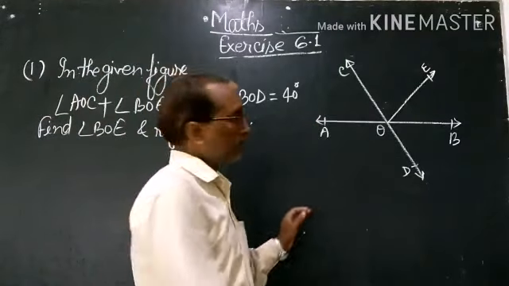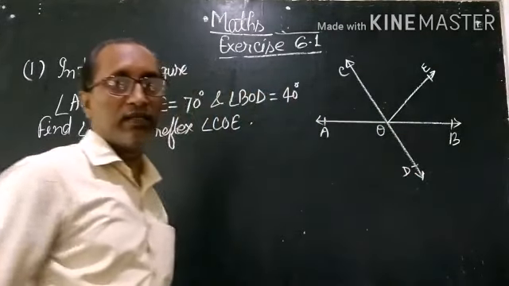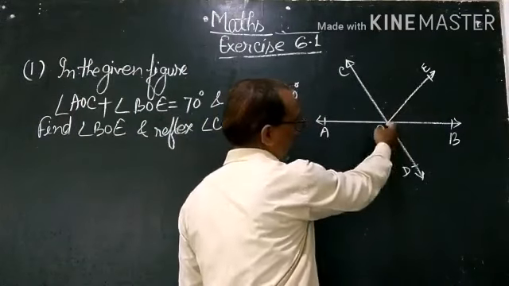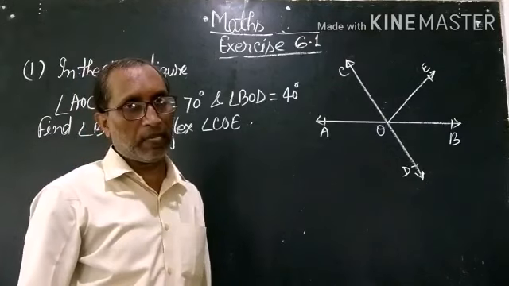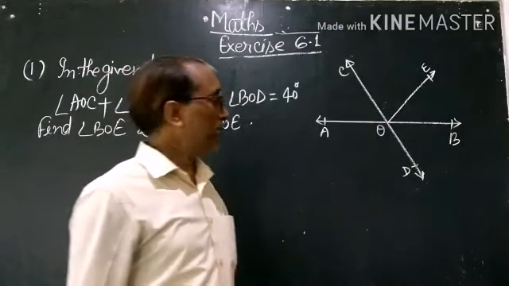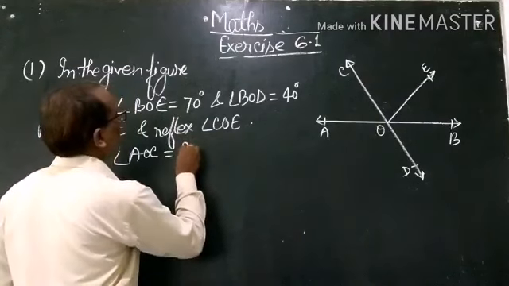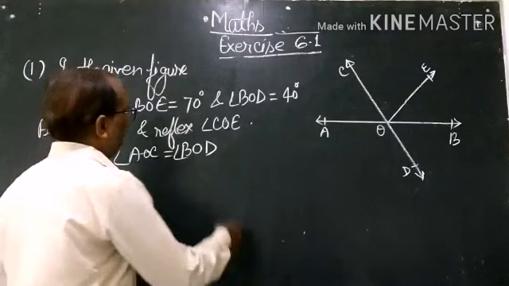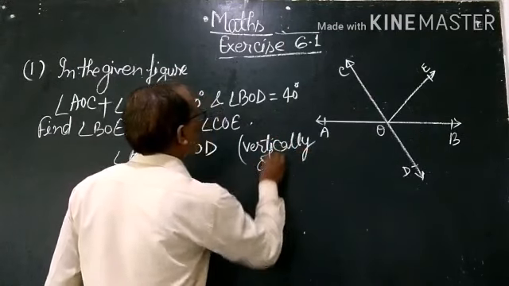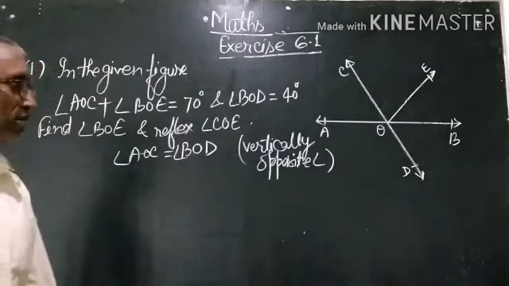Here is the relation: angle AOC and angle BOD are both equal due to the property of vertically opposite angles, because AB and CD intersect at point O. These are made up of two lines which intersect at point O. Then you write down angle AOC is equal to angle BOD by the property of vertically opposite angles.